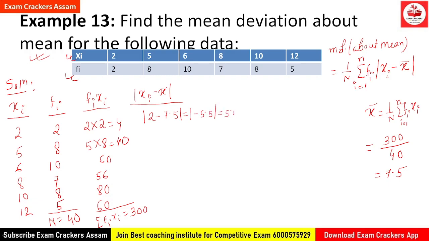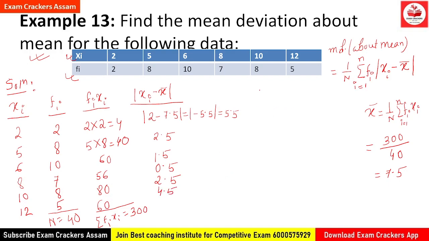It will be 5.5 because modulus converts a negative value to a positive value. Similarly, the second one will be 2.5, next 1.5, 0.5, 2.5, and the last one is 4.5.